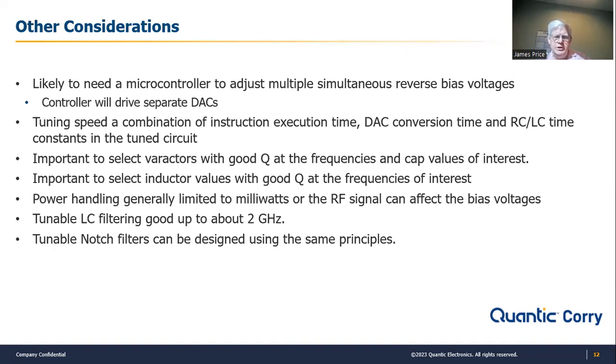The reason is that you don't want the RF signal to affect the bias of the varactor and have it start to go nonlinear on you, or get out of tune just from the amplitude of the RF signal. These are good up to maybe about 2 gigahertz. It starts to get a little bit more difficult after that with these kinds of filters.